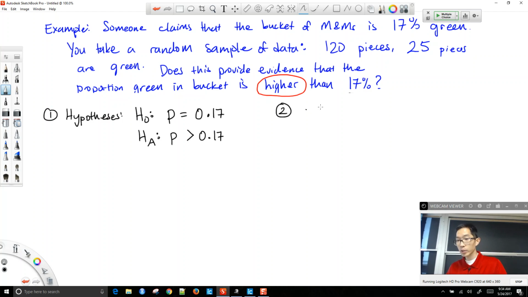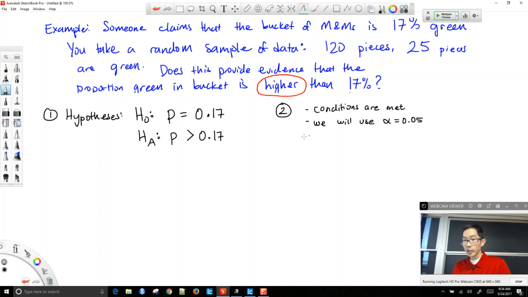Part two, I will just say the conditions are met. We will use alpha equal to 5% because it's not specified in the problem.